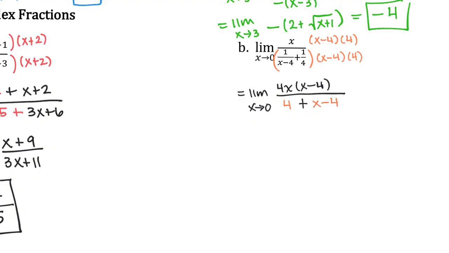Let me simplify the denominator and see if it got me better. The 4 plus x minus 4, the 4's cancel. I'm just left with an x at the bottom, which means I can now cancel this x with this x, which is great because now I don't even have a denominator.